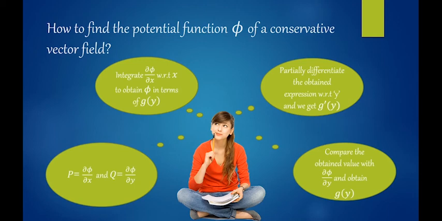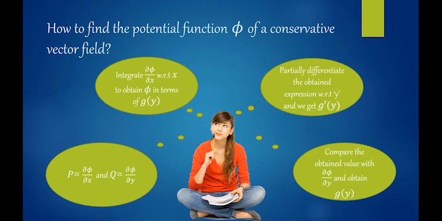Then we integrate ∂φ/∂x with respect to x, and we obtain φ in terms of g(y). Then we partially differentiate that expression of φ, and we obtain an expression which contains g'(y), and we equate that with the ∂φ/∂y which we had initially obtained, and we get the expression for g'(y), and finally we obtain g(y), and hence we obtain the potential function.